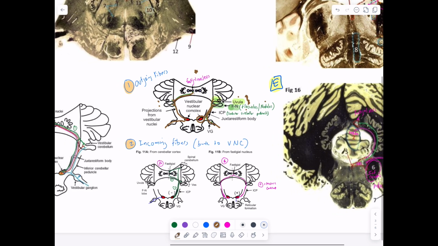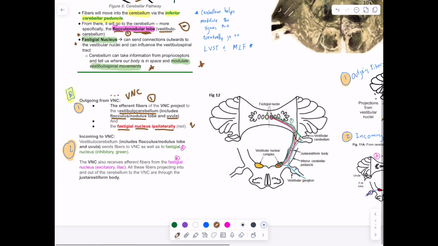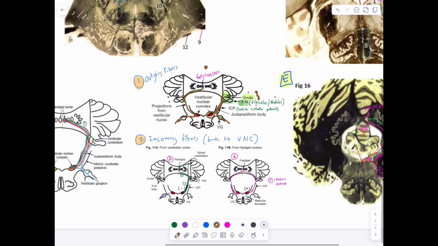All right, why do we bother specifying where it goes? Well, they have different functions. Now you get incoming data from the cerebellum. The flocculonodular lobe and the uvula are going to send fibers to the vestibular nuclear complex, as well as to the fastigial nucleus.